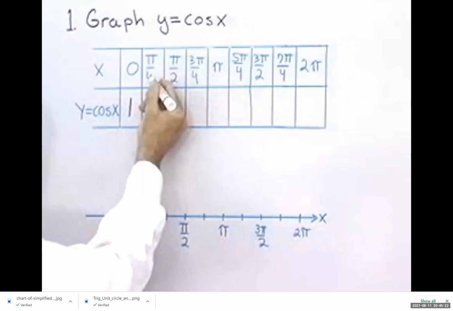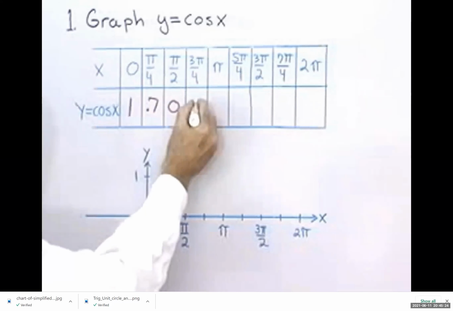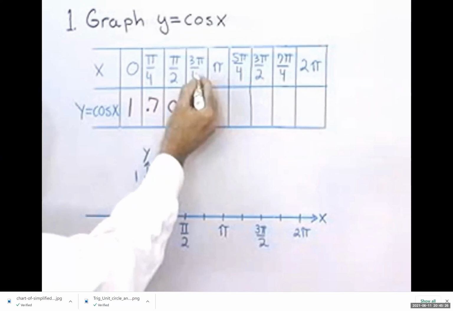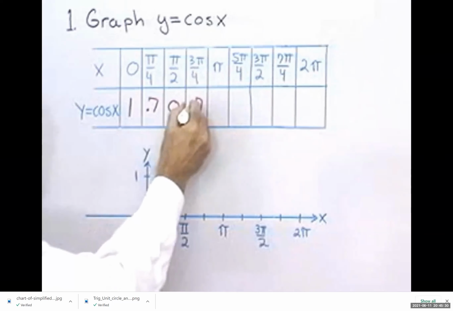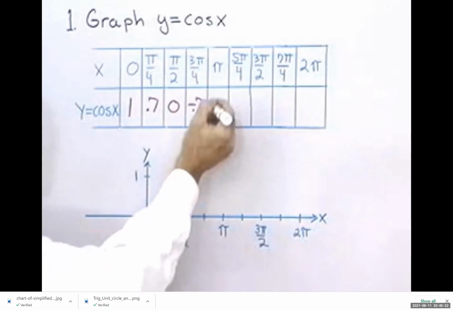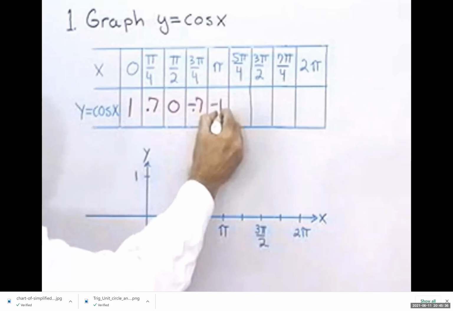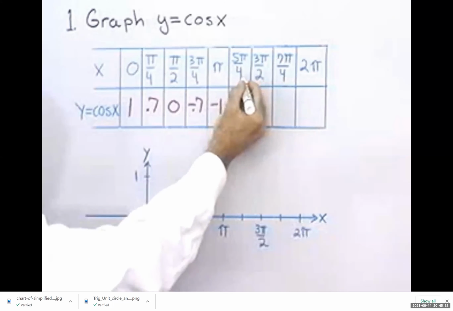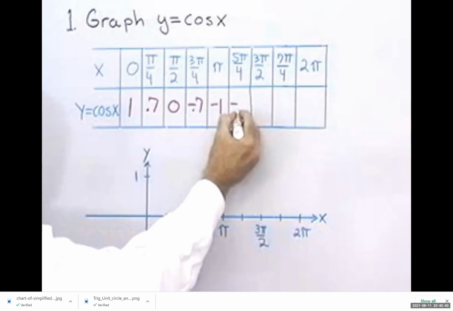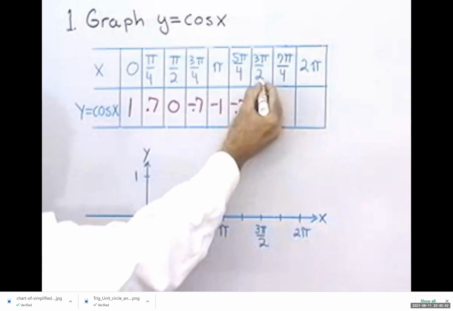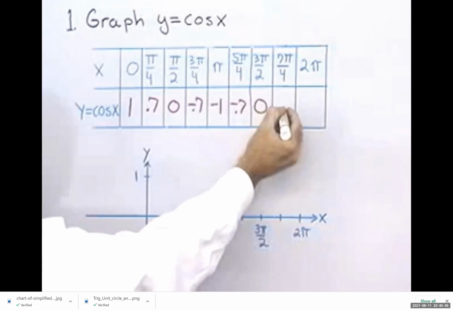The reference angle is pi over 4, so I know I'm going to get my 0.7. And since I'm in quadrant 2, I know cosine is negative there, so negative 0.7. At pi, cosine of pi is going to be negative 1. Cosine of 5 pi over 4 is going to be negative 0.7. Cosine of 3 pi over 2 will be back to 0.